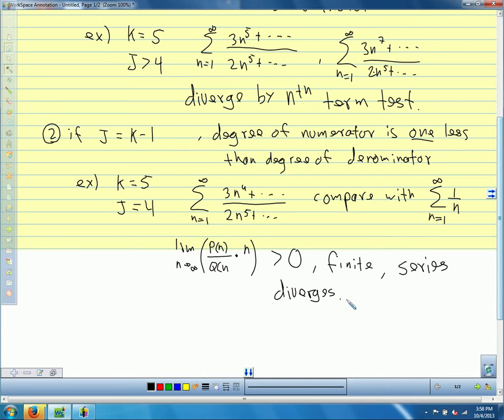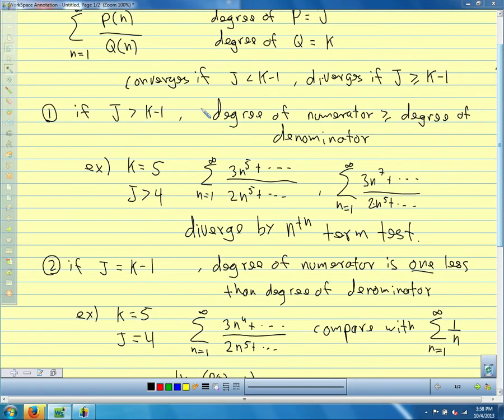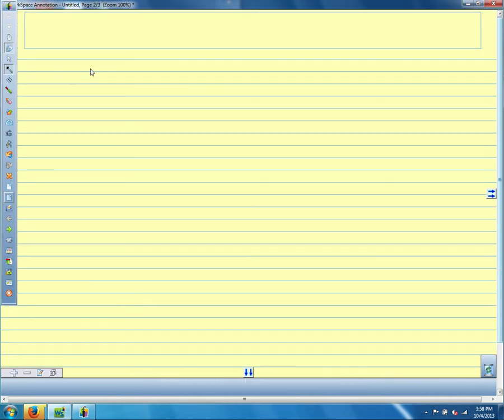So when the degree of our numerator is 1 less, we use the limit comparison test with a harmonic series, and we show that it diverges. Now the third case, we want to show that this series converges if j is less than k minus 1. So if j is less than k minus 1, we're going to look at how the degrees of the numerator and denominator are related.